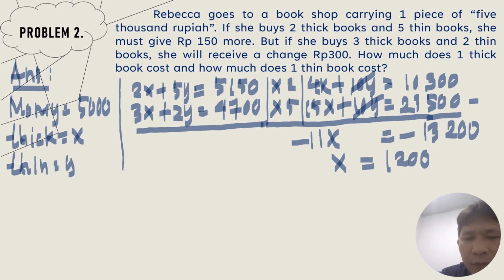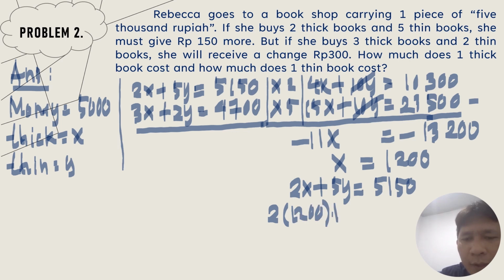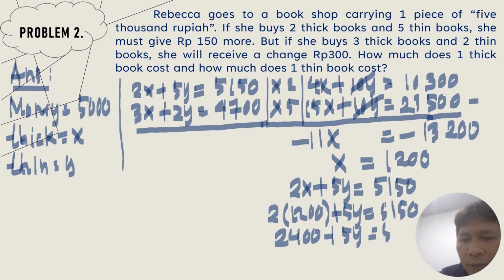Okay, here we have 2x plus 5y equals 5,150. Then 2 times 1,200 plus 5y equals 5,150. Here we have 2,400 plus 5y equals 5,150.